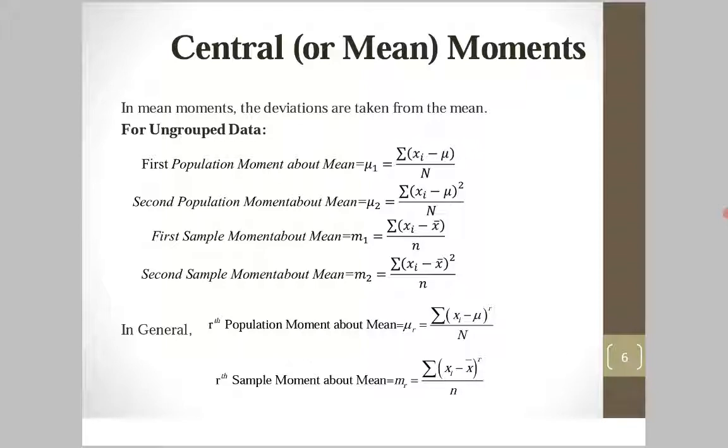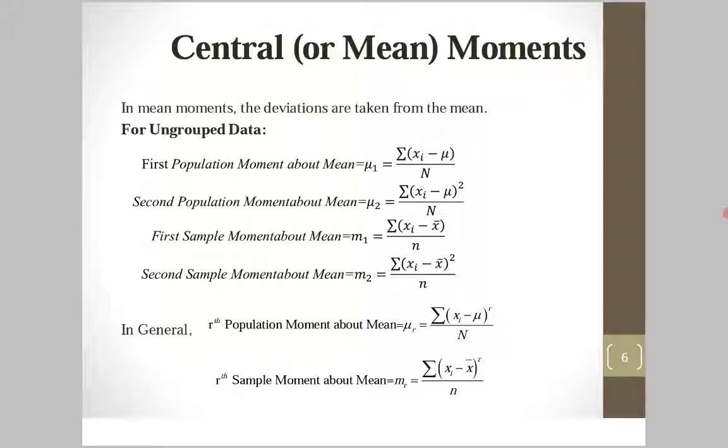Generally, the rth population moment about mean is mu r is equal to sigma (xi minus mu) whole power r by capital N. Similarly, the rth sample moment about mean mr is equal to sigma (xi minus x bar) whole power r by capital N.